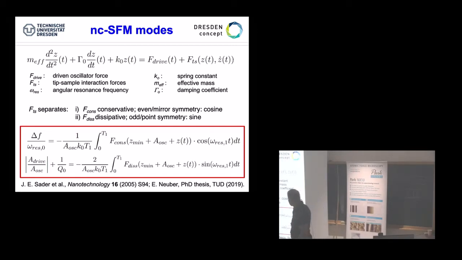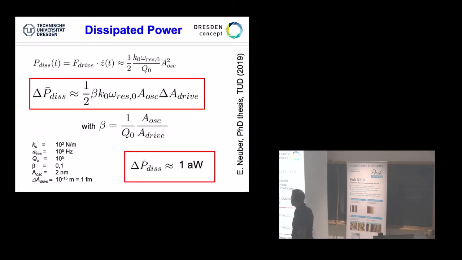One is the conservative equation, and hence the delta F is a good signal to measure. Or if you want to measure something like dissipation, then the drive signal, me, my hand, how much energy I'm going to feed in, is a good signal there. So we have everything at hand. That means we can measure all of this, and we can understand the system much more elegantly by looking at these two signals.